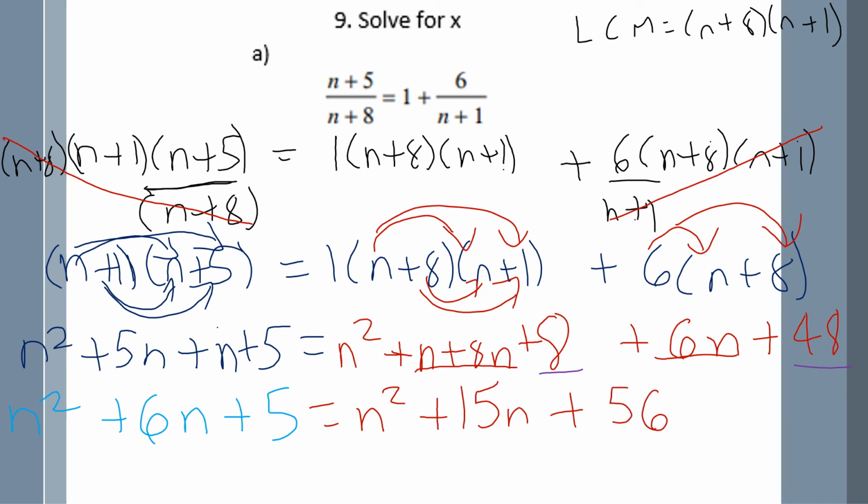All right. This is what you should have so far on your paper. So let me rewrite what's on the left hand side with the black color so you can see it, just in case you can't see. So n squared plus 6n plus 5 equals n squared plus 15n plus 56. All right?